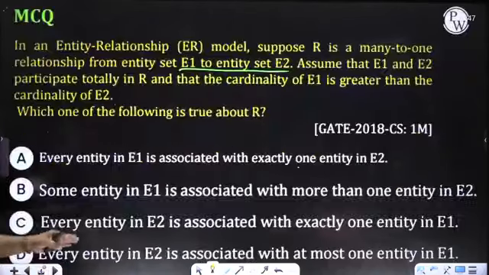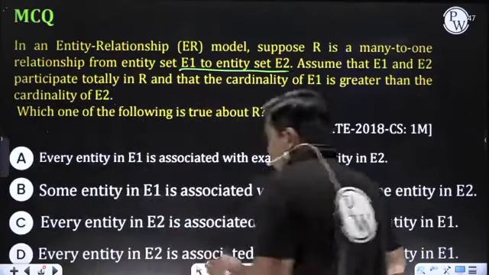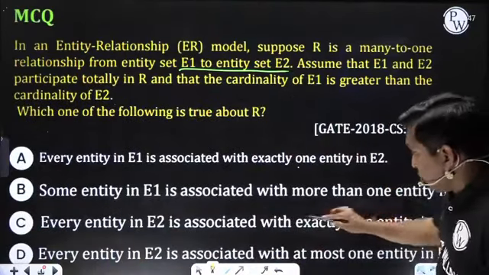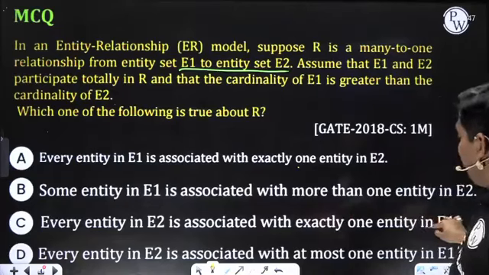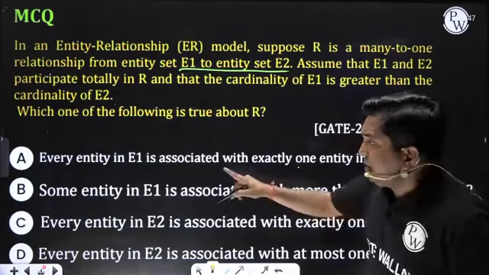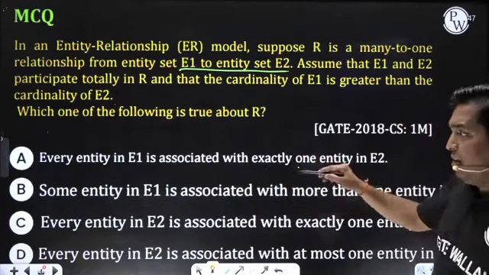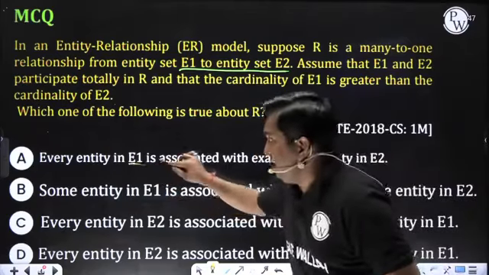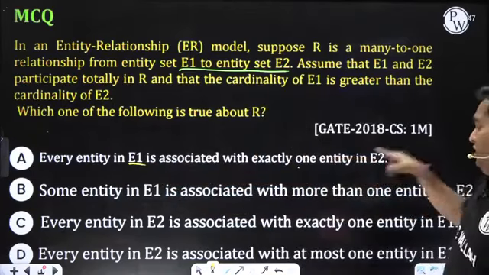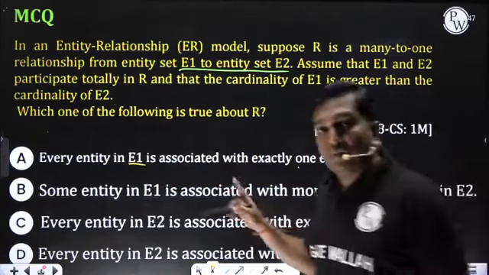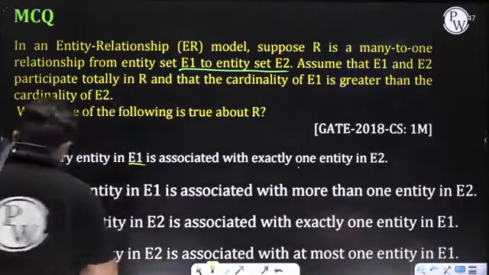According to this sentence, every entity in E2 is associated with exactly one entity. But what is mentioned, beta? Here it is many to one, so it will be every entity in E1 that is associated with one entity. It is many to one, not one to many. That's why C is also wrong.